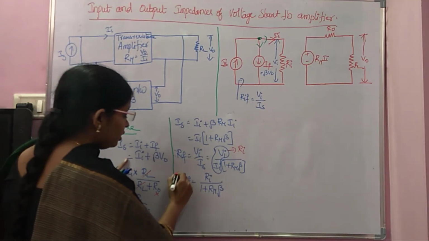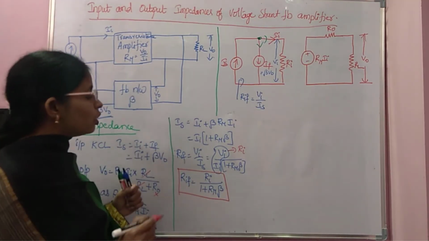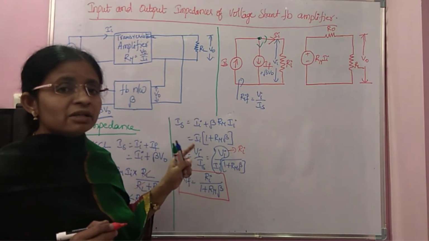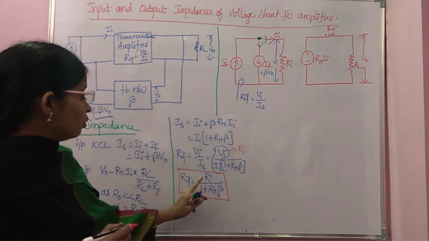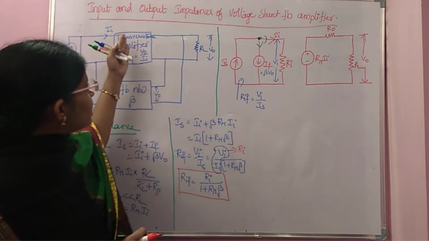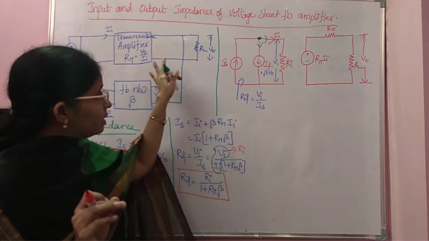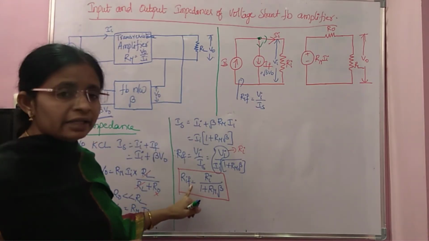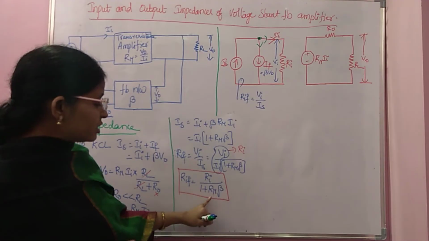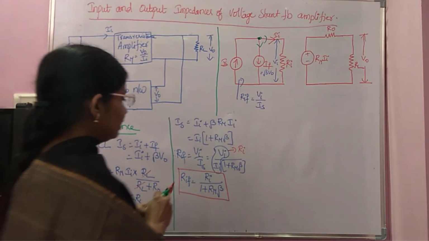This is the input impedance of the voltage shunt feedback amplifier. In the absence of feedback, the input resistance of the trans resistance amplifier is Ri. But when you apply the feedback in this fashion, the input impedance decreases by a factor 1 plus Rm beta.